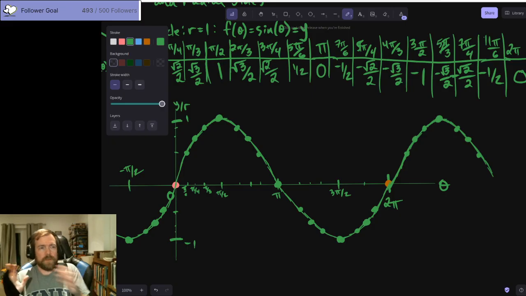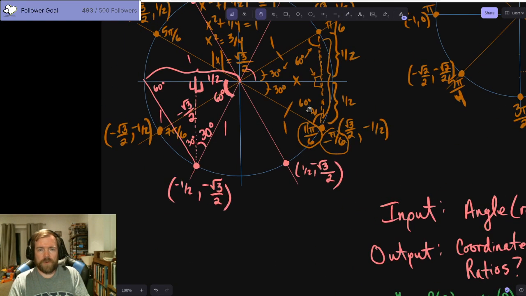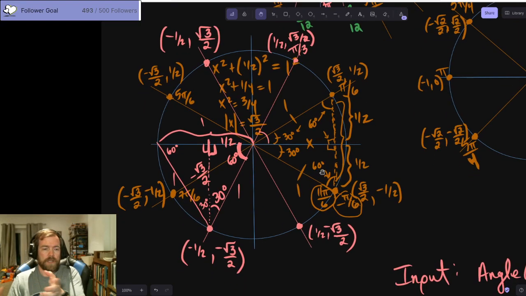So the point of all of our functions that we're going to be dealing with, right? Your sine function is going to be based on the vertical value that you're getting as you're moving around the circle.